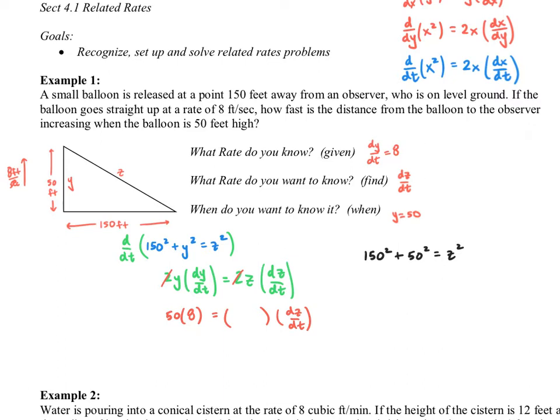Without a calculator, there's actually a little trick that you may have seen before. You can separate this large squared number by taking 3 squared times 50 squared, and you're able to then factor out a 50 squared. This is a little trick that doesn't always work, but in this case it does. And so we're left with 50 squared times the quantity 3 squared plus 1 squared.